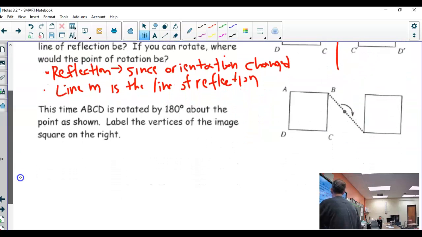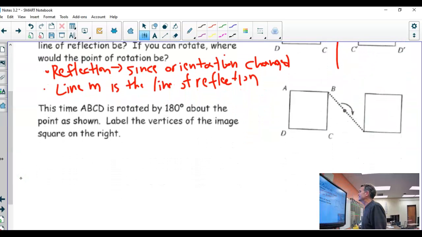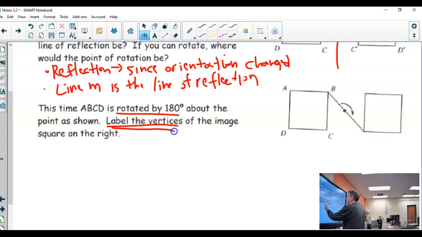The second one, it says that ABCD is rotated 180 degrees, so it's a rotation. And I am supposed to label the vertices of the image. So this thing is the pre-image, this thing is the image. Where does point A end up when you rotate it 180 degrees?